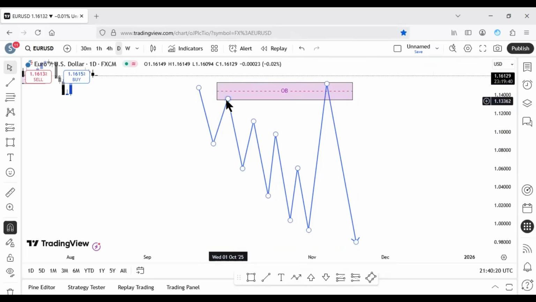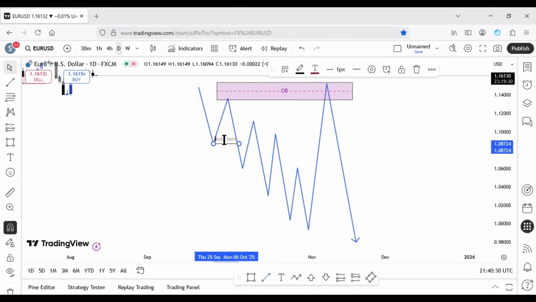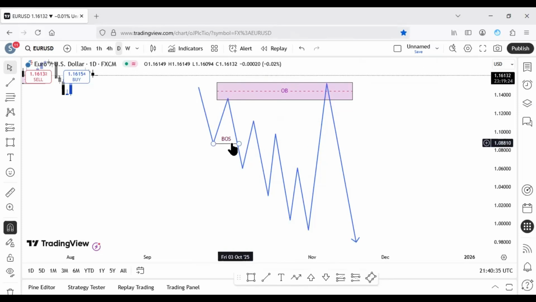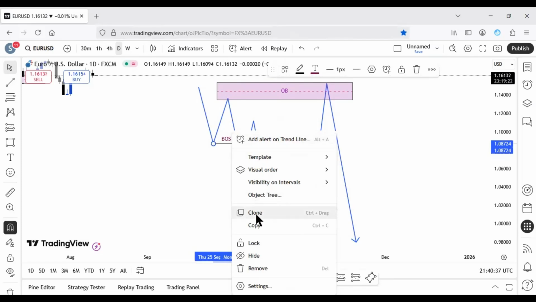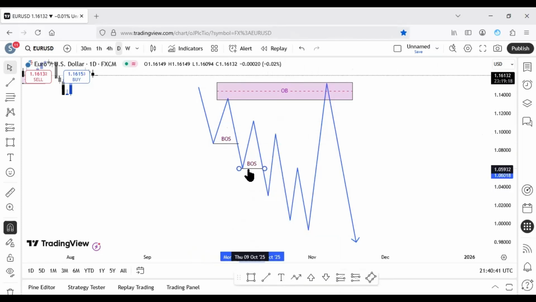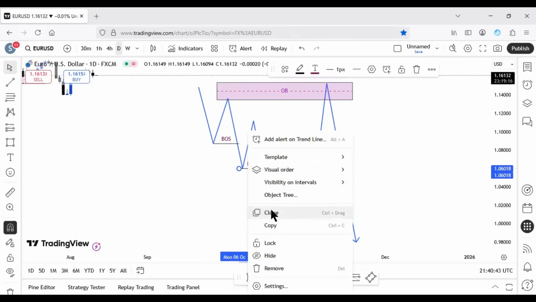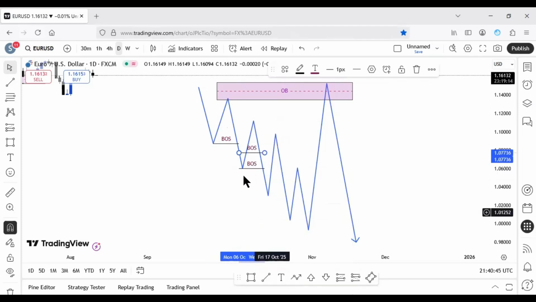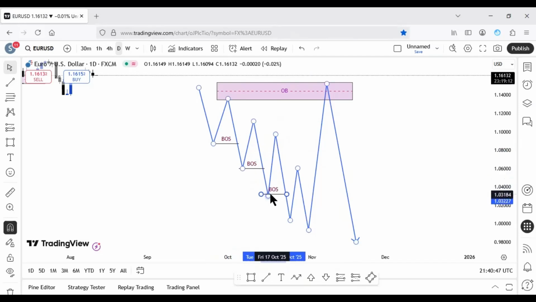So suppose that is our order block. And then we have a break of structure. We clone that, another break of structure. Another break of structure.